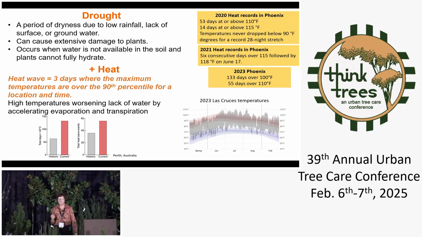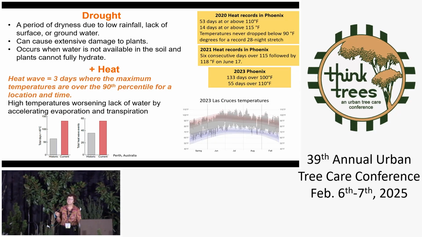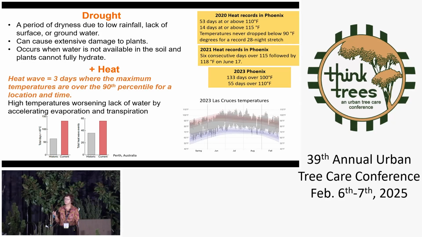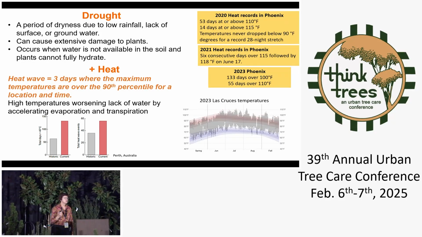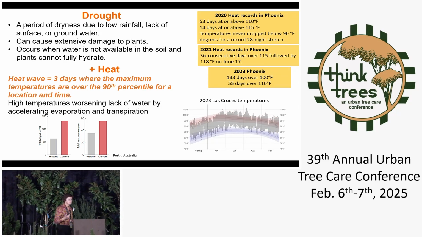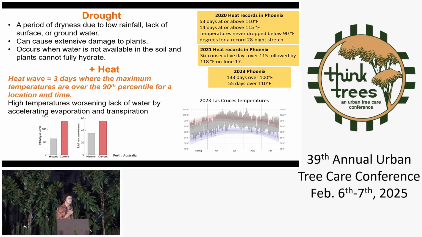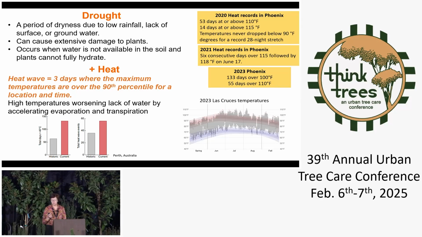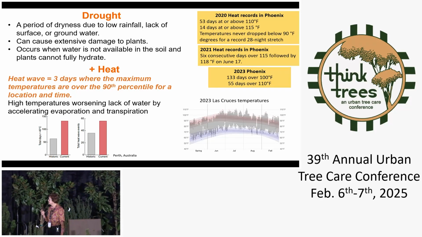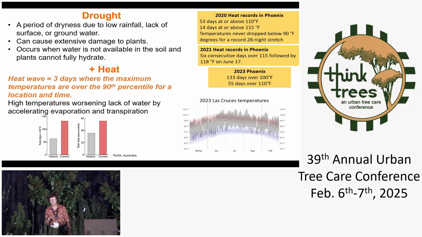So maybe at 109, you have 3 days at 109 degrees when it's usually 100. That would be considered a heat wave. And the plants are usually not prepared for that either. So the high temperatures actually worsen the drought because we have more loss of water from both the plant and from the soil.